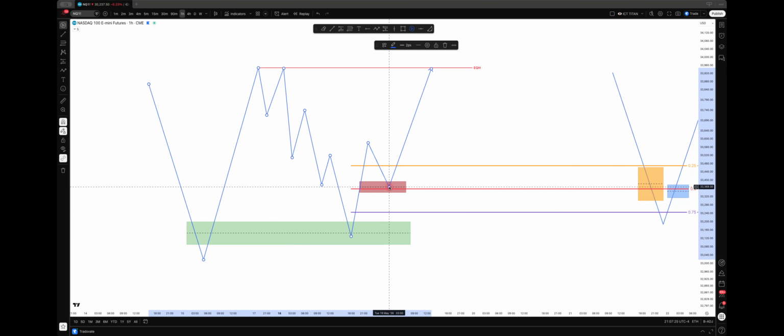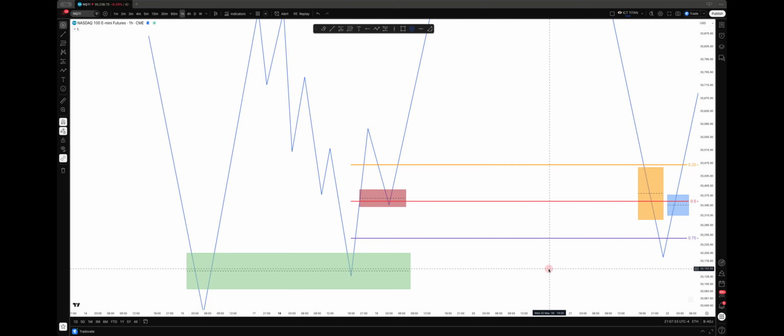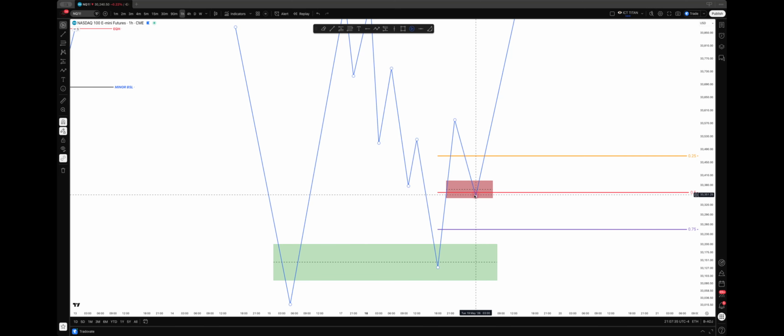And there should be a fair value gap that comes to a discount, and wait for the price to pierce down into the 50%. Okay, you want that. So you can take over here, or you can just take over here.